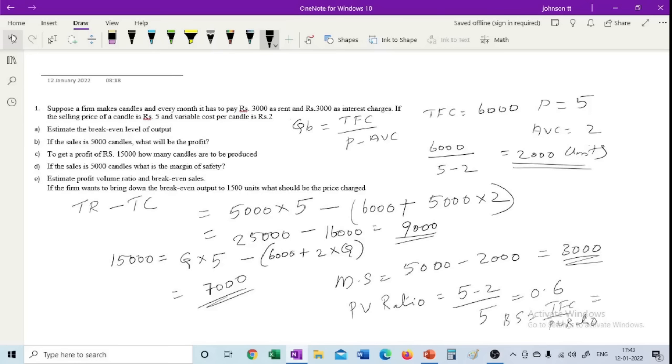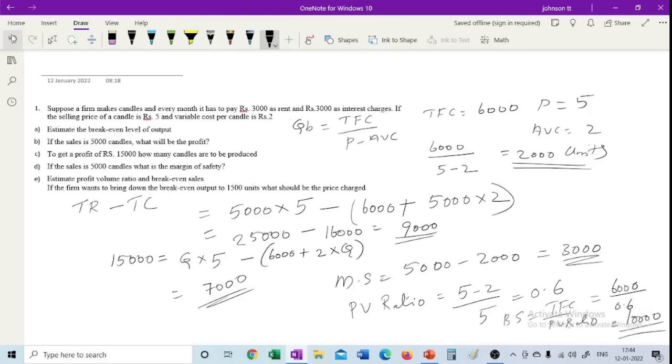So that is equal to TFC is 6,000, 6,000 divided by 0.6, that is equal to 10,000.